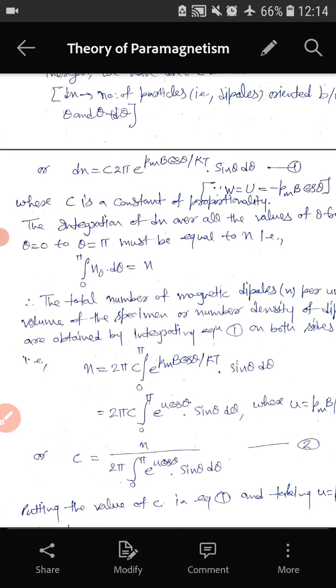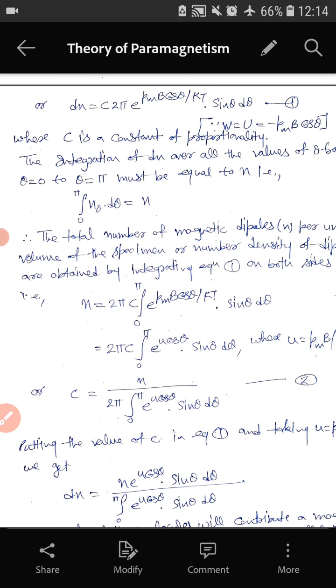Now to calculate this, substitute the value of dn or n theta from the above equation in this integral. So we will get 2 pi C, since C is a constant it is taken outside the integral, from 0 to pi exponential PmB cos theta by kT dot sin theta d theta.